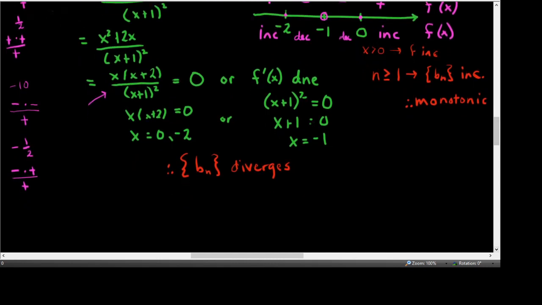Oh, by the way, there's another way we could have found out that that diverges. I'm just trying to see if we can apply theorem 9.5, which is kind of my focus here.